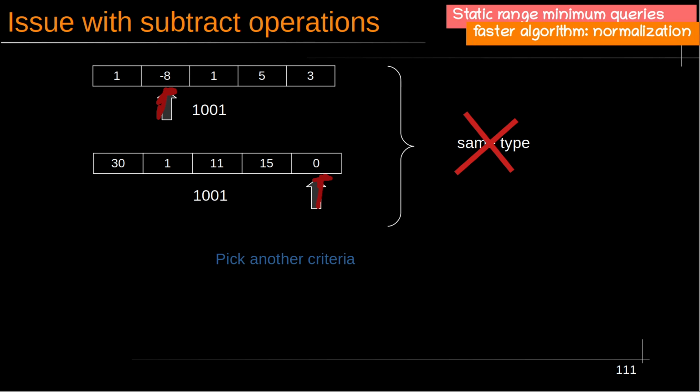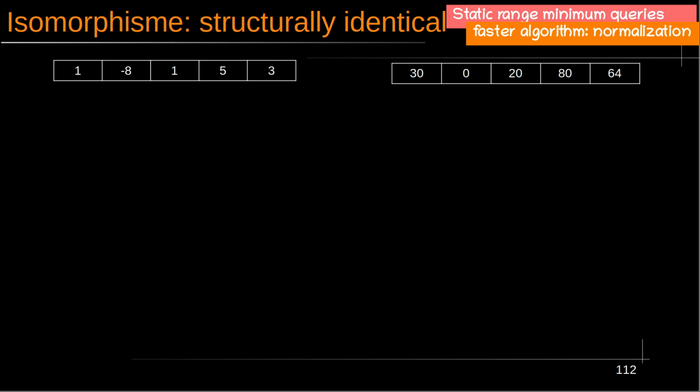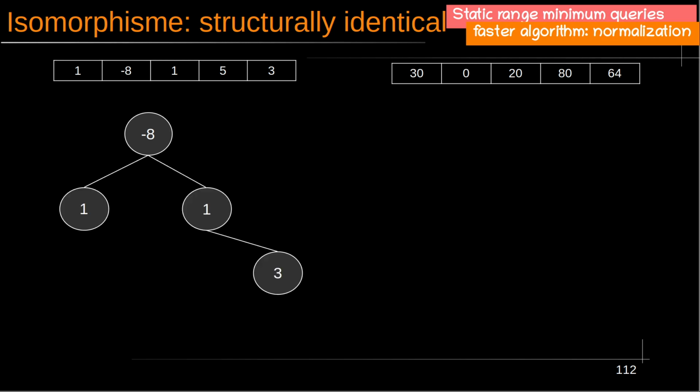There are many criteria to normalize the arrays. I will choose isomorphism, or what we call structurally identical. Which means we're going to draw a tree for each block, each array. For this one, for example, we have -1, 1, 1 here, 3, 5.